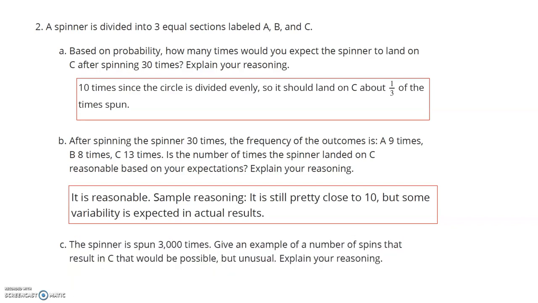So for C, it says the spinner is spun 3,000 times. Give an example of a number of spins that result in C that will be possible but unusual. Explain your reasoning. So if you tell me a very high number, very close to 3,000, I'll say that that's not possible.